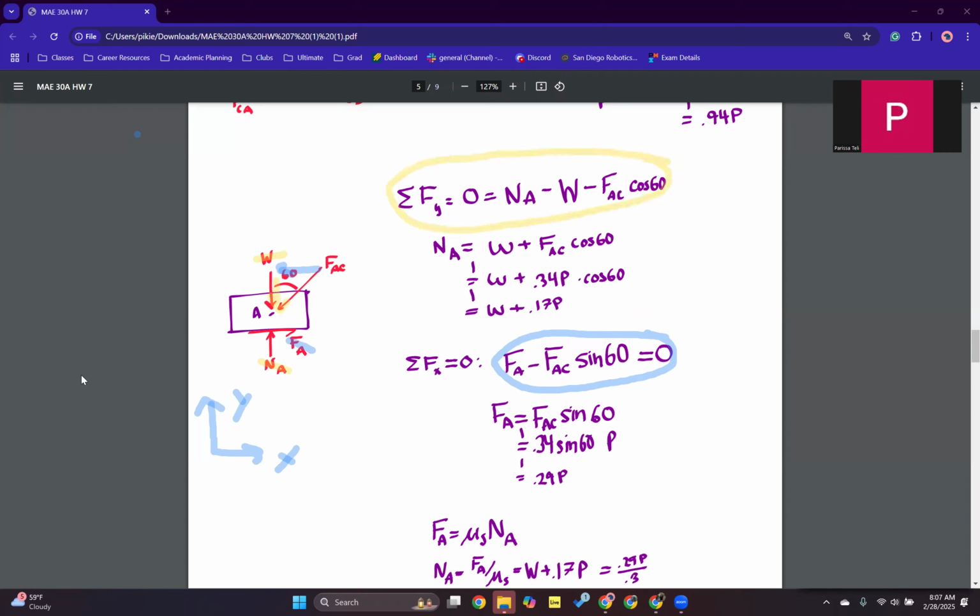So now that you have all of that, you can rearrange them slightly. Once again, we have expressions that are only involving W and P. The reason for that is P is what we want to know, and then weight is the information that we have.